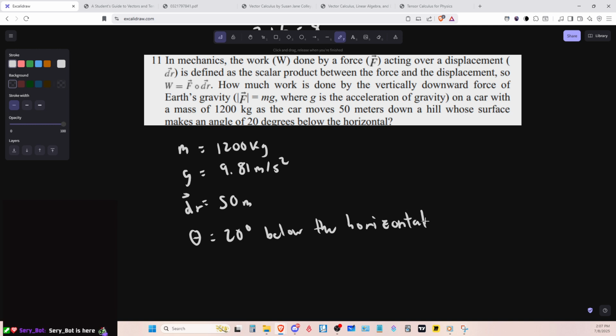So with that in mind, the car is going down a hill. This is supposed to be 20 degrees this way. The force here is the mass times gravity.